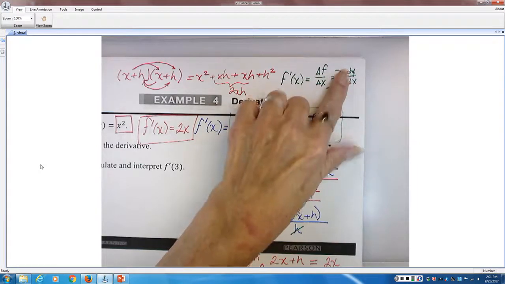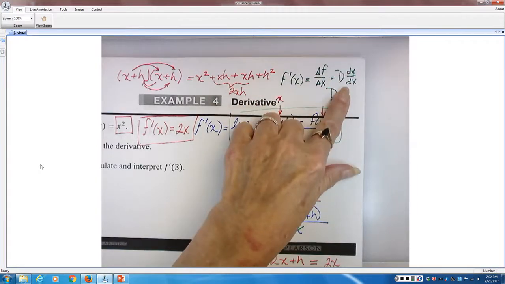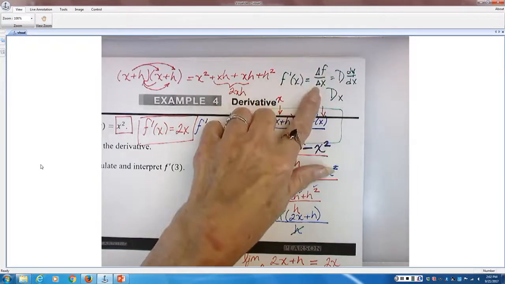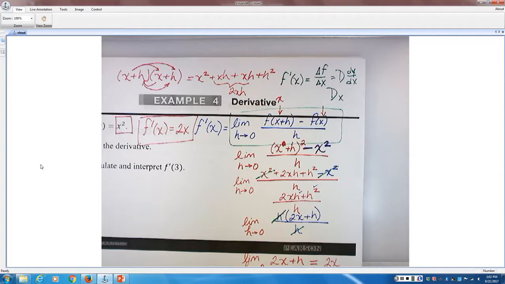This delta y over delta x, or delta f over delta x, what that basically is saying is this is a slope. Change in y divided by change in x. That's what slope's always been, right? So those other notations are just telling you in symbols what you do to get the derivative. You do that difference quotient, change in y over change in x.